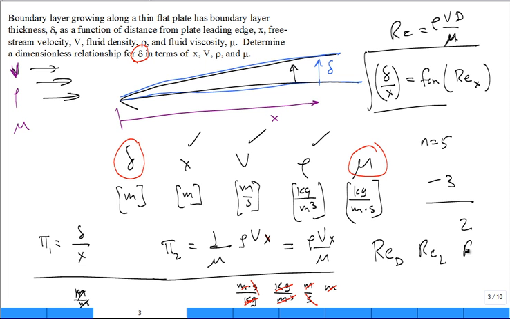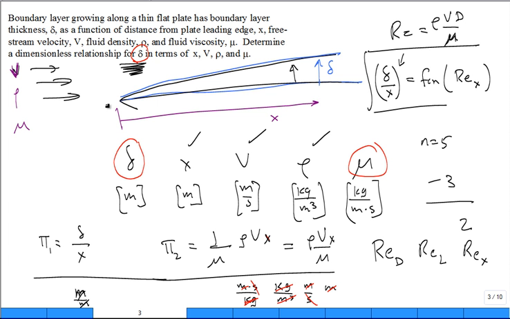Here it's Reynolds number based on x. So what do you do with the first pi group? That was on the left-hand side of my equal sign, because it's implied I want to determine a relationship for the boundary layer thickness. So I put the pi group that had the boundary layer thickness on the left-hand side.